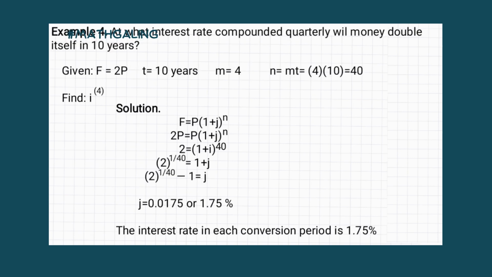So our example 4: at what interest rate compounded quarterly will money double itself in 10 years?